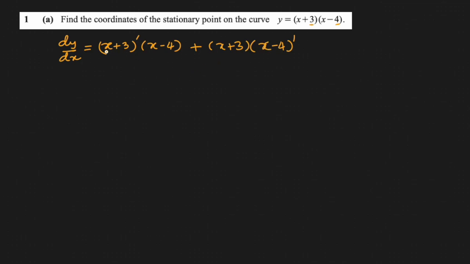So the differentiation of x plus 3 will be just 1, and this will be x minus 4. The differentiation of x minus 4 will also be just 1, so it will be x plus 3 multiplied by 1. So what do we get? x minus 4 plus x plus 3, which is 2x minus 1.